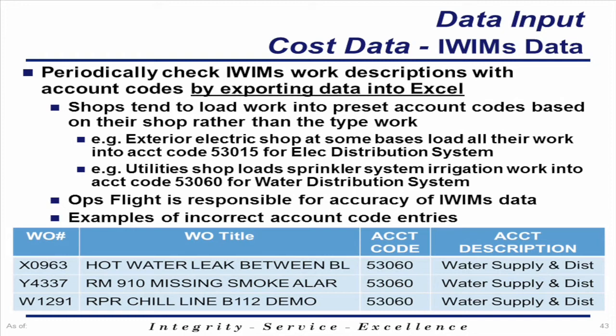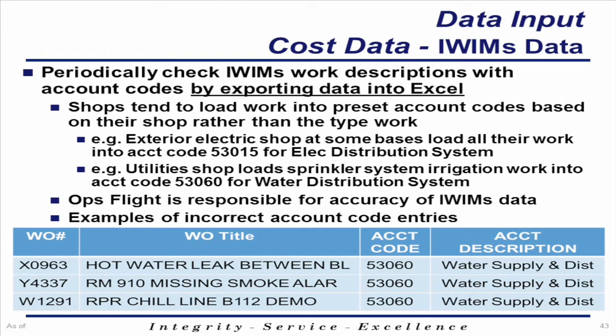So knowing that, it's important to understand the summary total for the account code 53015 and the BCE end-of-year cost report. You have to understand that they may not contain work exclusively for electrical distribution, because the examples I just gave you, like Christmas tree lighting or replacing light bulbs on the ball field, aren't exactly straight electrical distribution work.